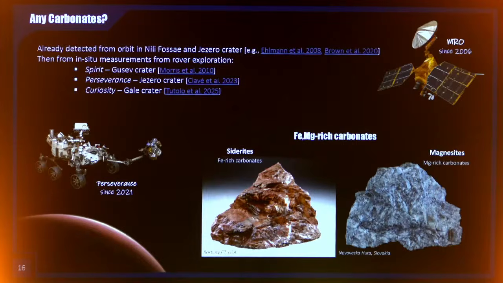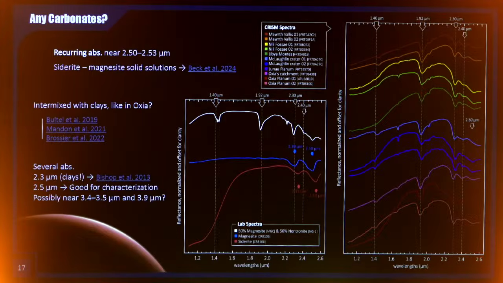We already have a few detections of carbonates on the planet, from Ehlmann already in 2008, and then through rover in situ measurements, and we think they are more ferromagnesian carbonates. Since we see this band at 2.5 everywhere, the point will be to explore the hypothesis that those carbonates may be mixed with clays. I'm not saying they formed together, but maybe they are present there.